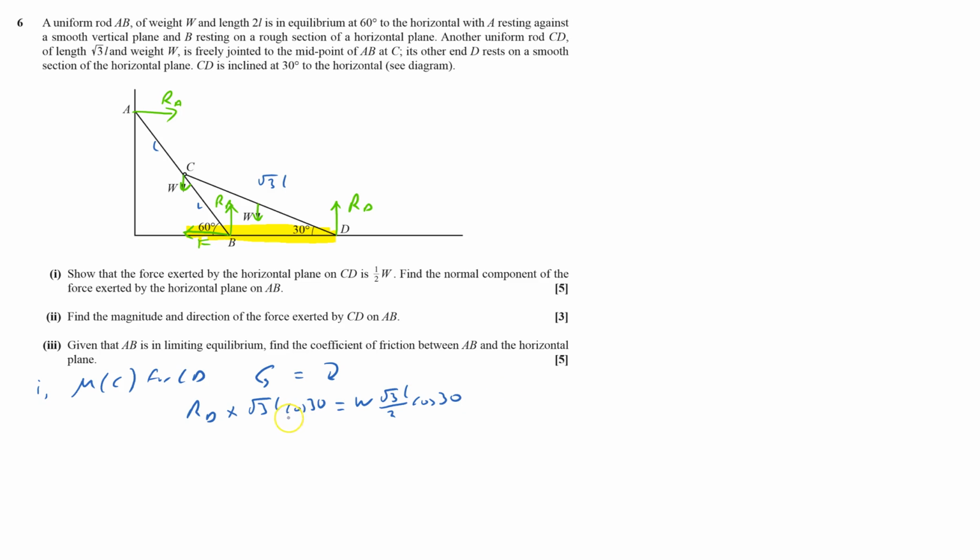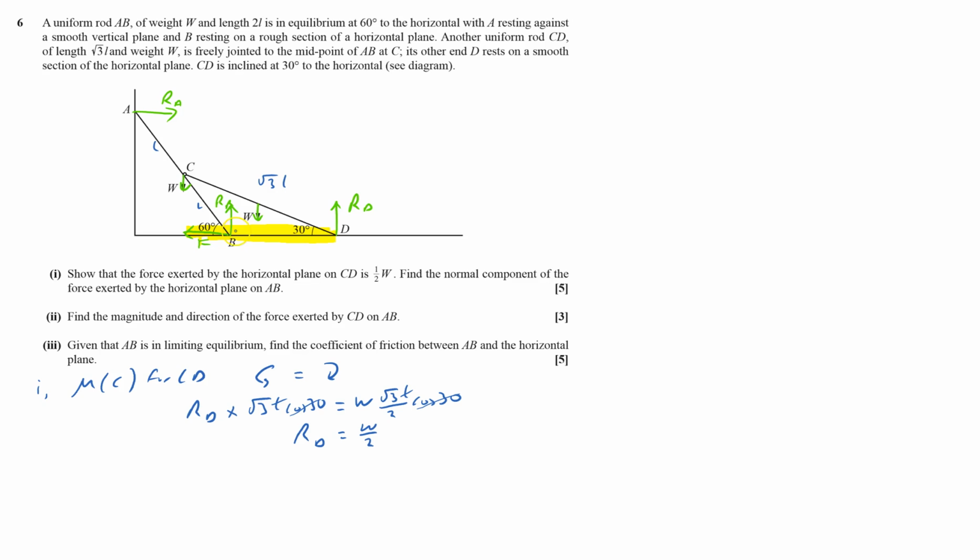Obviously the cos 30s cancel out, the L's cancel out too, and divide both sides by root 3, and that's going to give us that RD equals W over 2. So that's the first bit done.